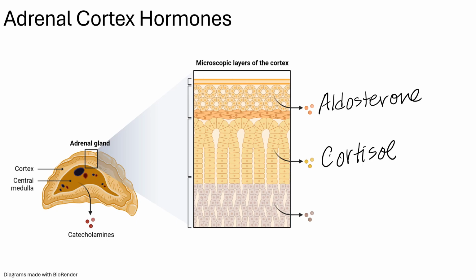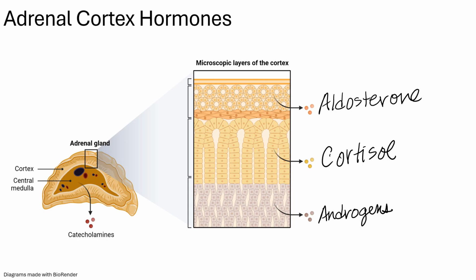And cortisol plays a part in your long-term stress response. The internal layer, the zona reticularis, produces androgens, which serve as precursors to hormones such as testosterone and estrogen. These hormones influence secondary sexual characteristics, and they're usually converted into active sex hormones in other tissues. So androgens affect tissues depending on the specific sex hormone derived from them.